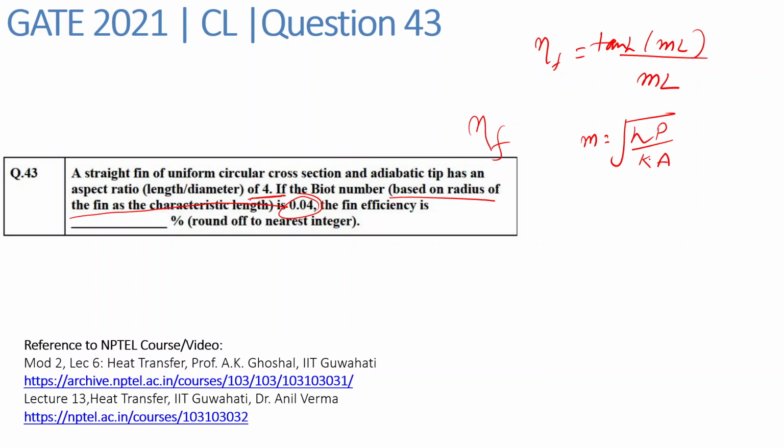You should remember that k is the thermal conductivity of the fin, h is the heat transfer coefficient, P is the perimeter of the fin, whereas A is the cross section area of the fin. You can straight away use this formula to find the fin efficiency.